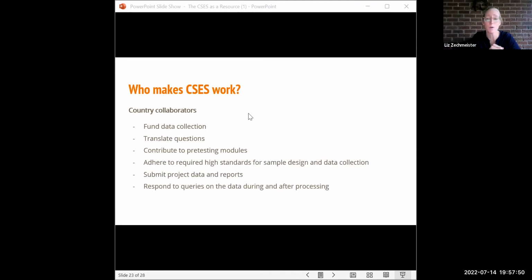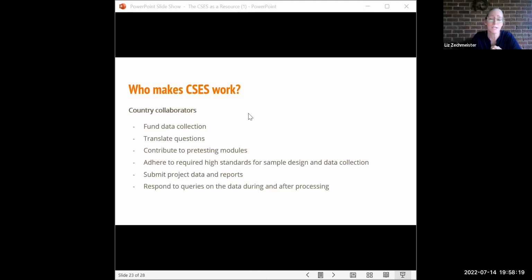They may be people who run the national election study in their country, and they offer to host or place the 10 to 15 minute module on one of their post-election surveys. So they fund the data collection, they translate the questions, they contribute to pre-testing modules when that's possible, and they adhere to the required high standards for sample design and data collection that are characteristic of the CSES project.